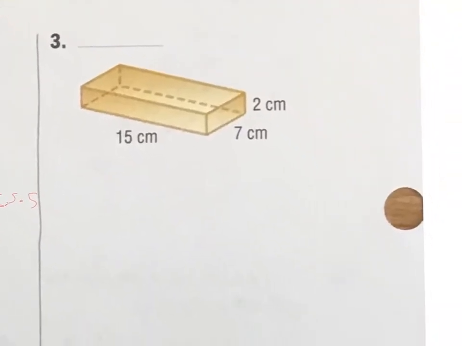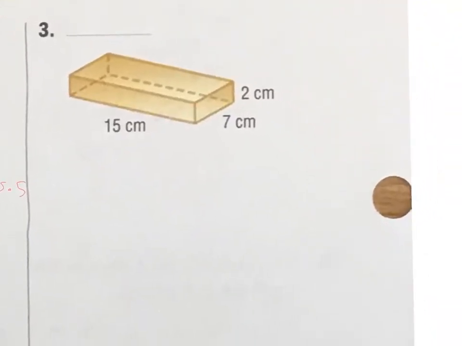Okay, let's go to 3. Same type of thing on this one. Surface area equals 2 times length times height plus 2 times length times width plus 2 times height times width. Okay. We just have to times everything together and then times it by 2.